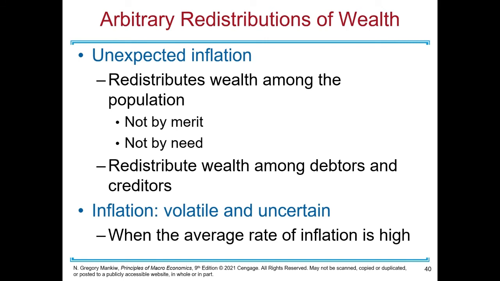If inflation is known, then it's going to be easy to include into the contract. If it's predictable, it's not a big deal. But because inflation is volatile and uncertain, it could be a problem in the contract.